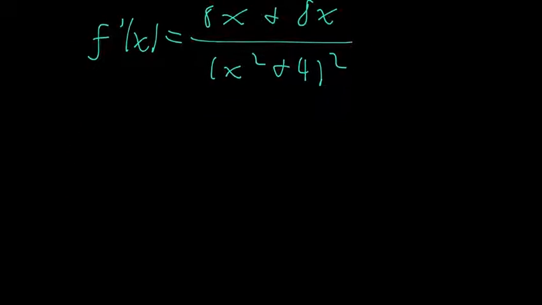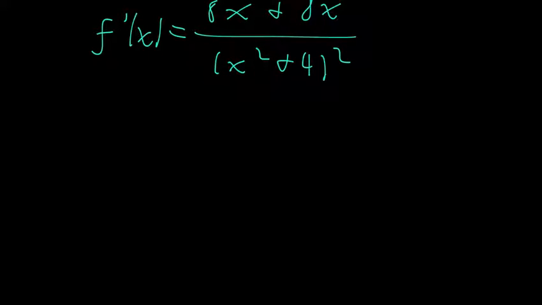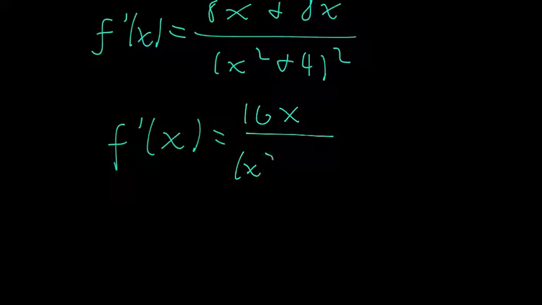And so finally then we'll have f prime of x equals 16x over x squared plus 4, the quantity squared. So that's going to be your derivative there.